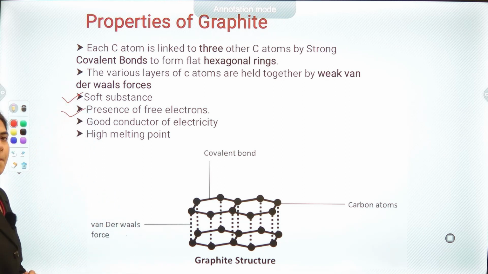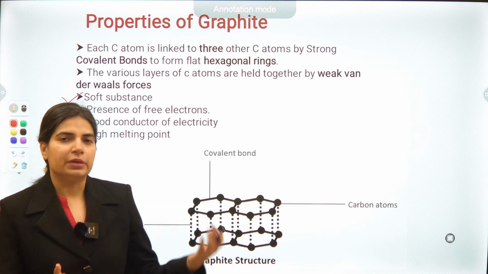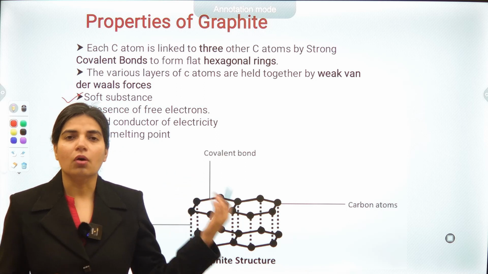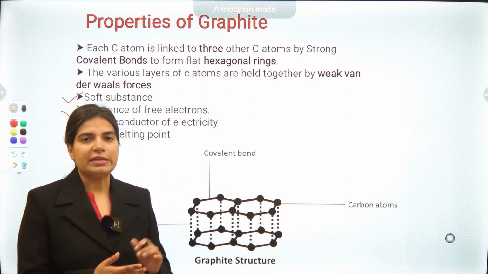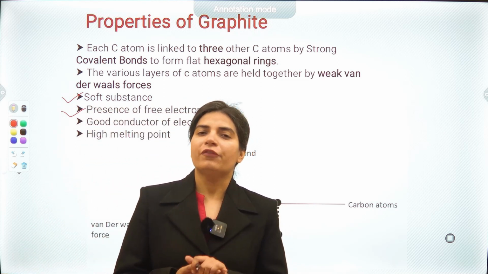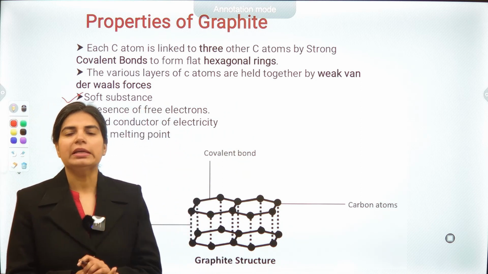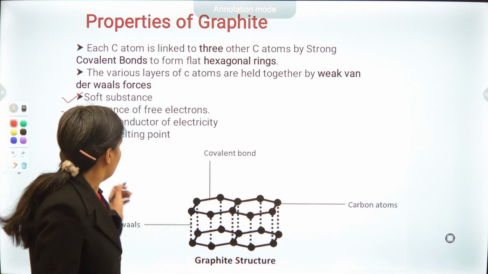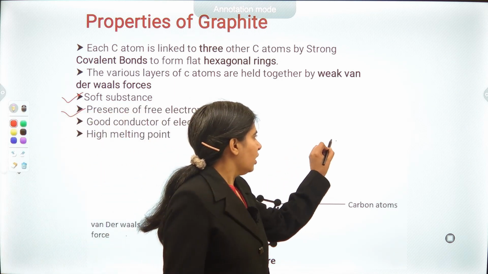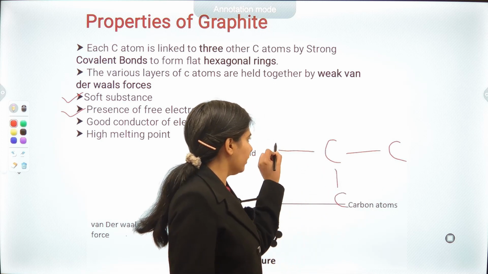The next point is presence of free electrons. If we compare graphite with diamond, we said that diamond was a non-conductor and graphite is a conductor. And we have also discussed that there is a requirement of free electrons. So it means in case of graphite, there is a free electron, due to which conduction is possible. Here, each carbon is linked with 3 other carbons.